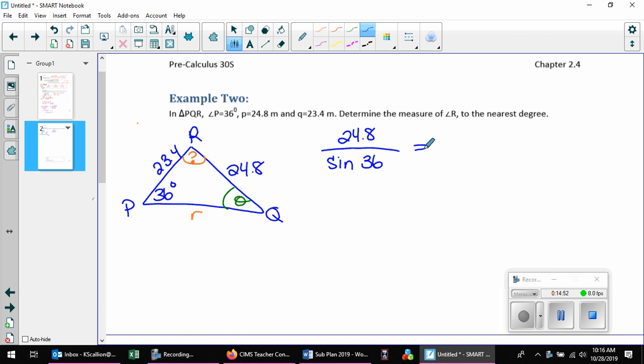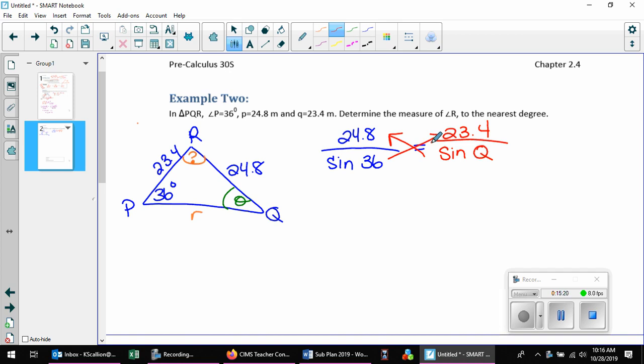And then we have 23.4 and sine of Q. I'm not going to use theta, I'm going to use the letter because it's going to help keep me organized. And I will change that Q into a theta at some point, and then you're going to deduct me a half mark for introducing the variable. Okay? All right, so we're going to cross multiply.